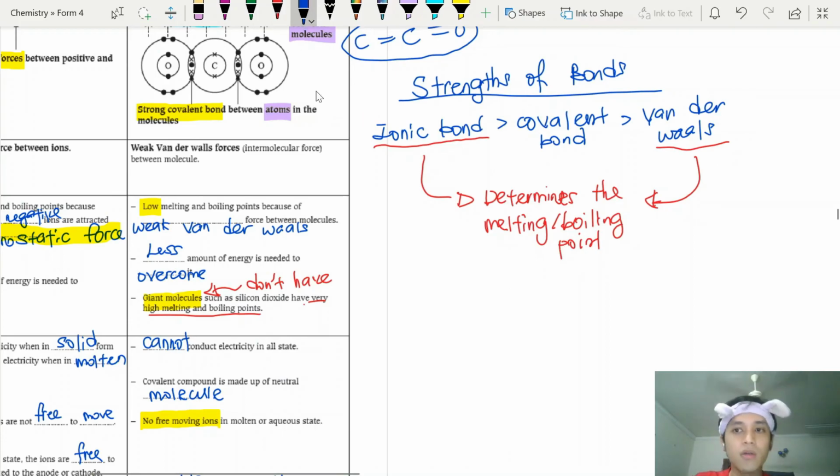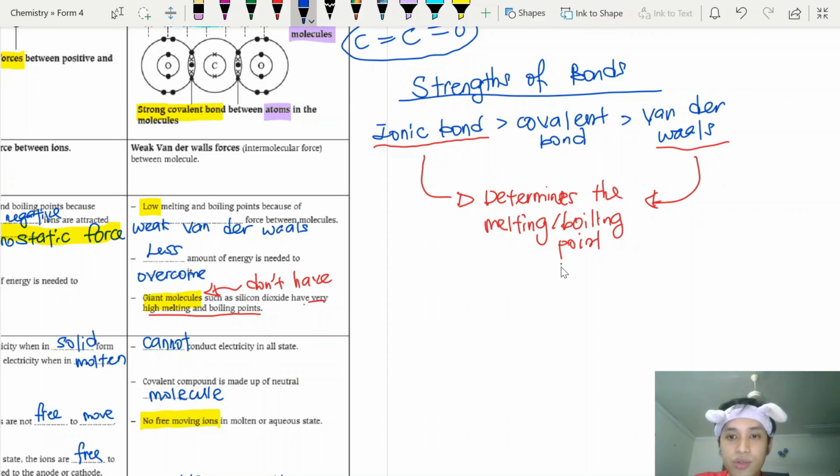Except for giant molecules. If it is a giant covalent compound, of course, it is based on the covalent bond. But generally speaking, if we talk about covalent molecules and also ionic compounds, it is generally based on these two. Your ionic, of course, is based on the ionic bond, and then covalent is based on van der Waals forces.